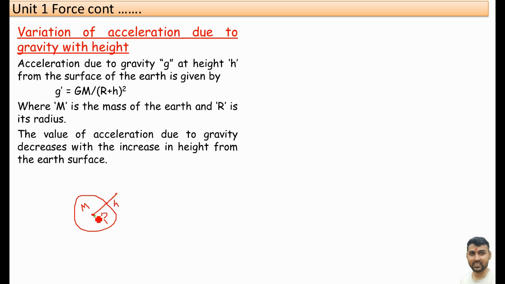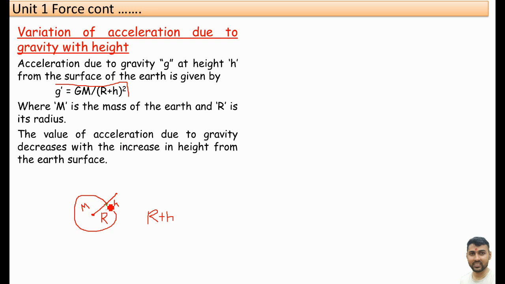The total distance from the center of the earth to the substance is R plus h.